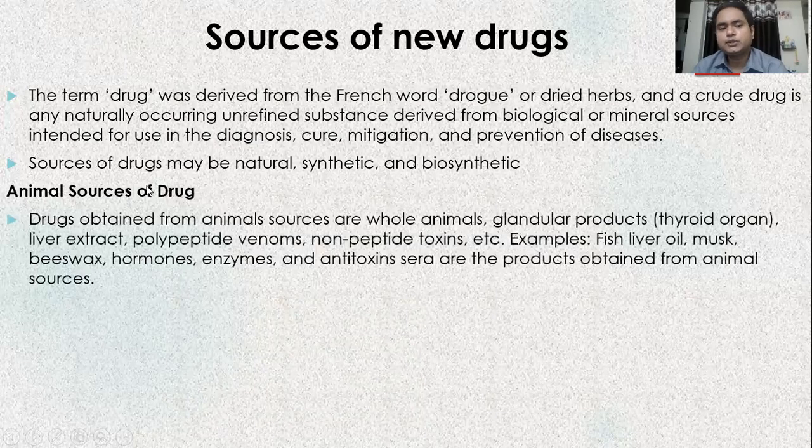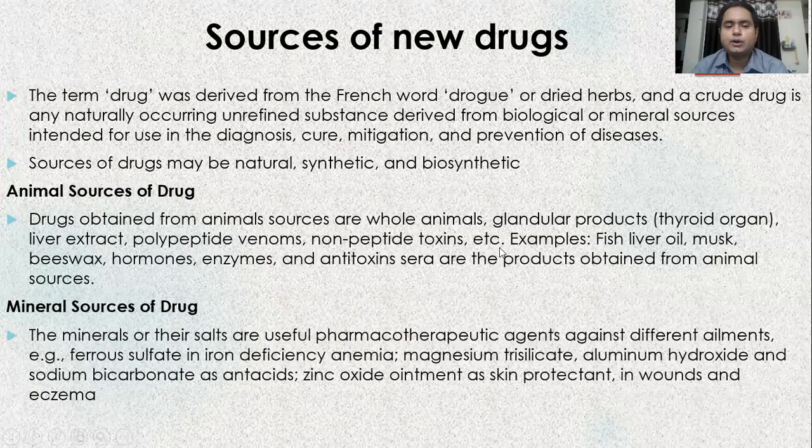So the animal source of drugs: the drugs obtained from animal sources are whole animals, glandular products like thyroid, organ and liver extract, polypeptide venom, and non-peptide toxin. For example, fish liver oil can be used as a drug, as can musk, beeswax, hormones, enzymes, and antitoxin sera.